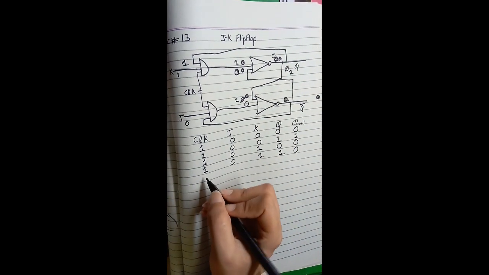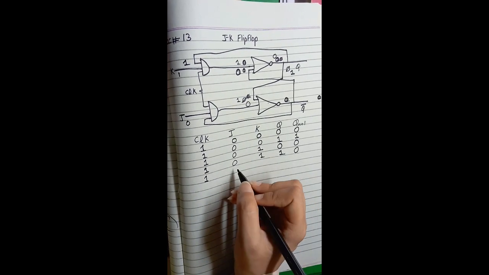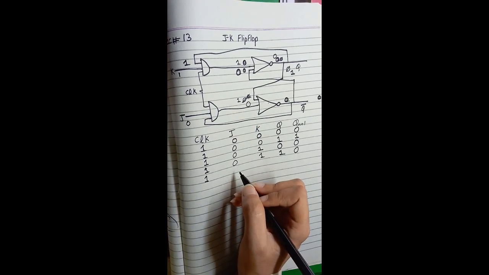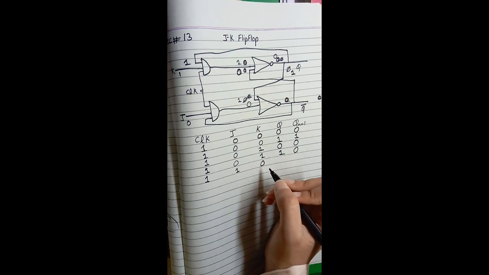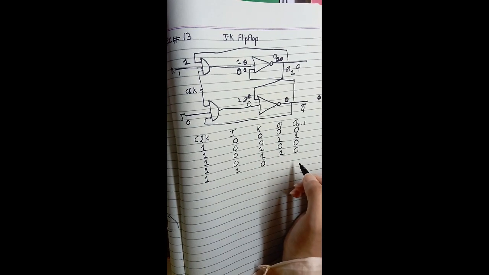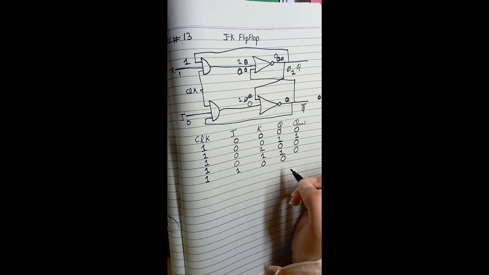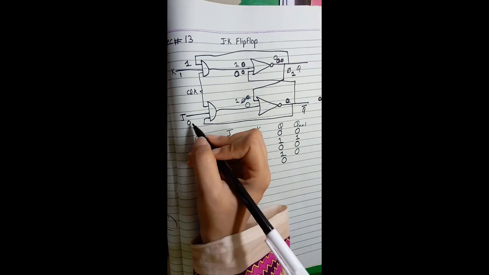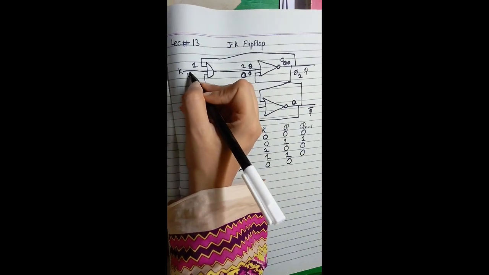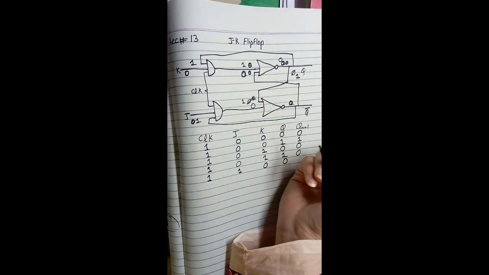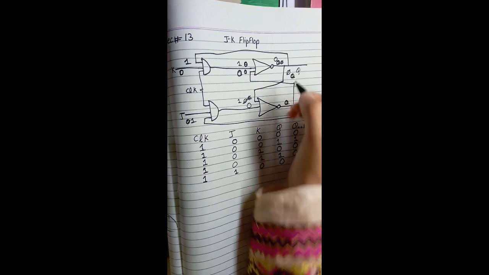Now we will see that whenever clock is 1, we are taking the value of J and K as J is 1 and K is 0. So now we will see that whenever we take our input Q as 0, our J is 1, K is 0, and our Q input is 0.